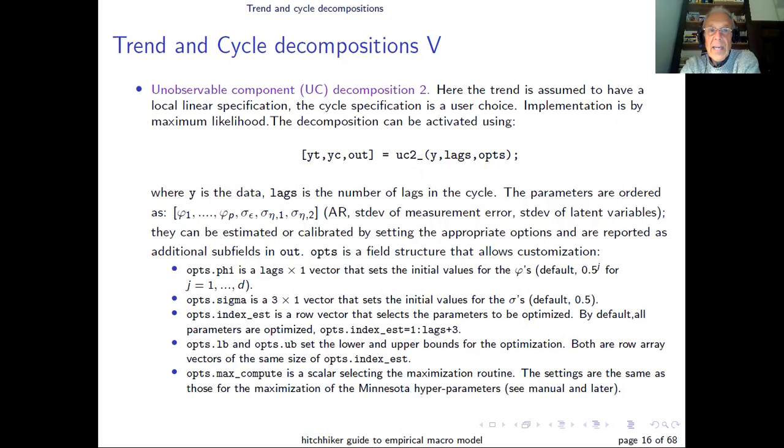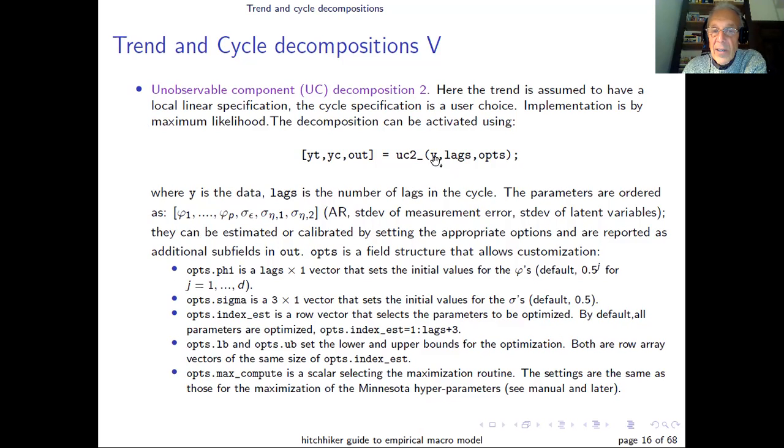This decomposition may take some time because, as I said, it is using the Monte Carlo Markov chain method. The alternative decomposition allows the trend to have a local linear specification and the random walk, so it's more general, and it allows you to choose the specification of the cycle in terms of the AR parameter. So the decomposition is called with this UC2.